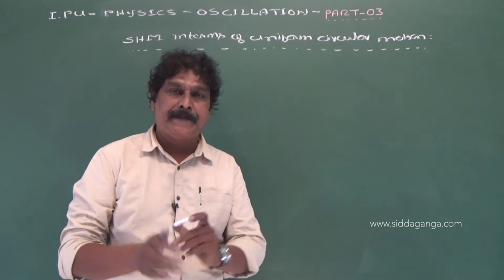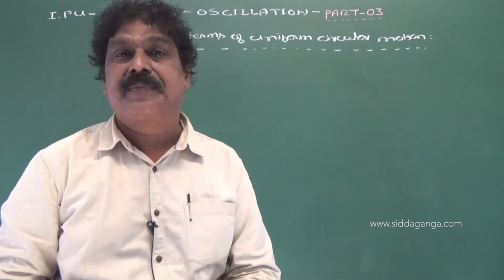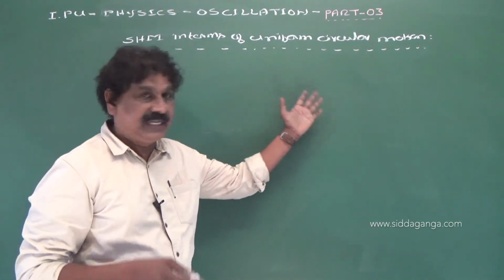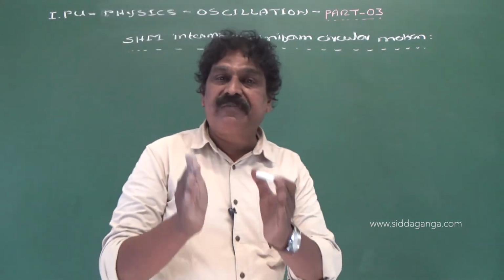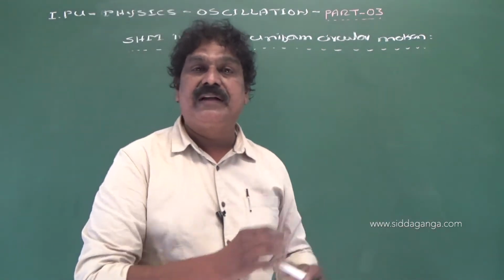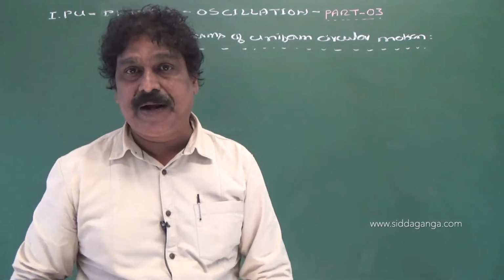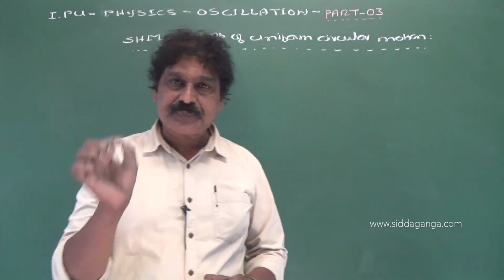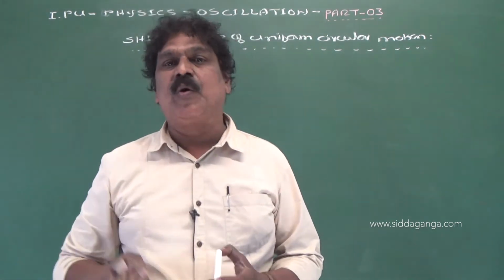Listen carefully and try to understand what I am discussing here, because only when you understand how to express simple harmonic motion with the help of a uniform circular motion can you understand how to obtain that equation and apply it for simple harmonic motion. Now, a motion of a particle along a circular path is called a circular motion.